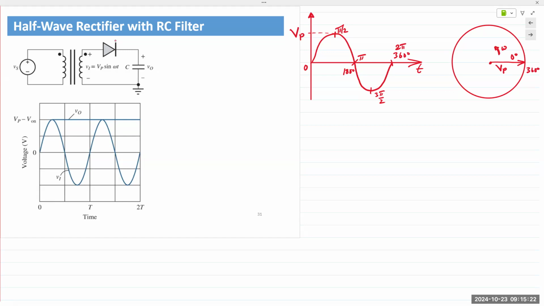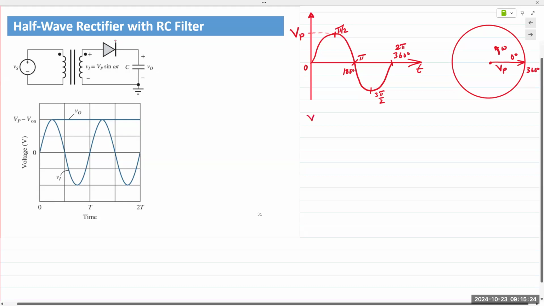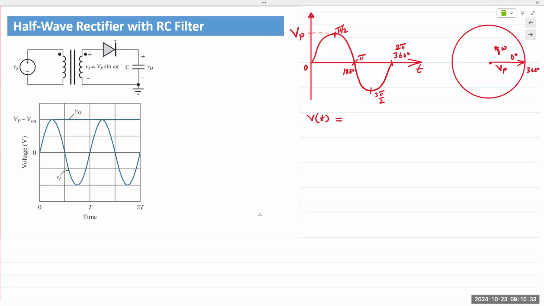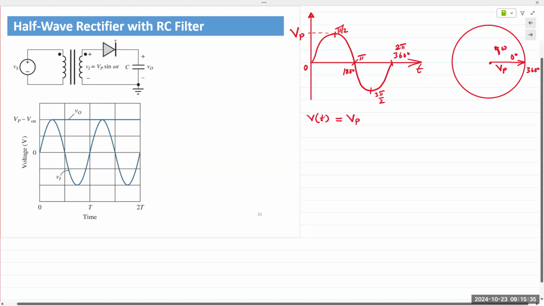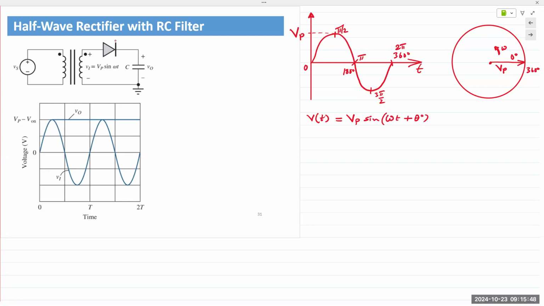So the mathematical representation of the sine wave is V of t. Voltage is fluctuating as a function of time. It has a different value at any given point in time, and that is represented as V peak sine omega t plus or minus theta. We keep omega, the angular frequency, in radians per second, theta in degrees.